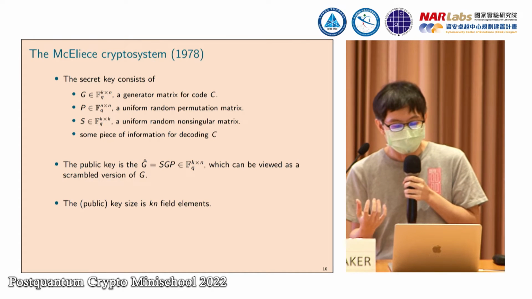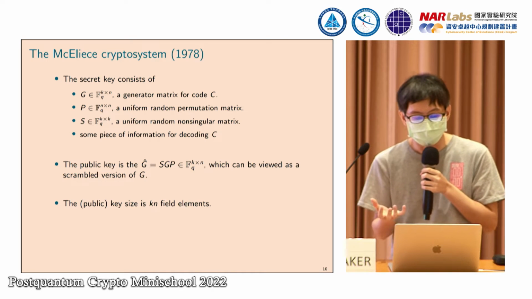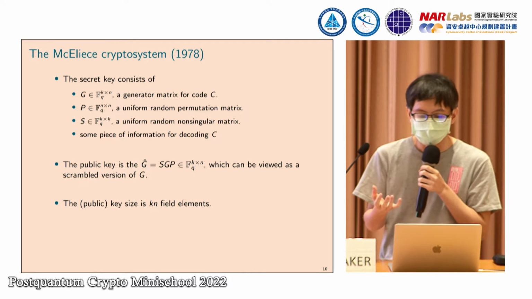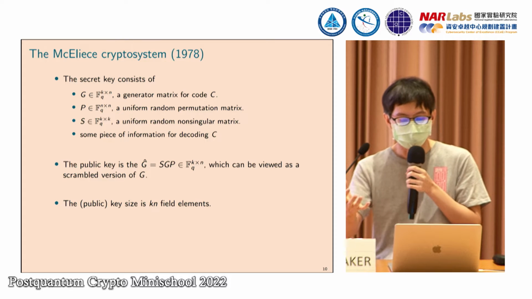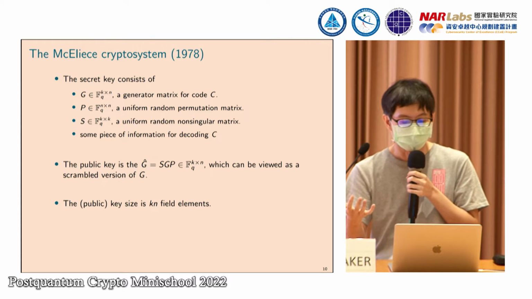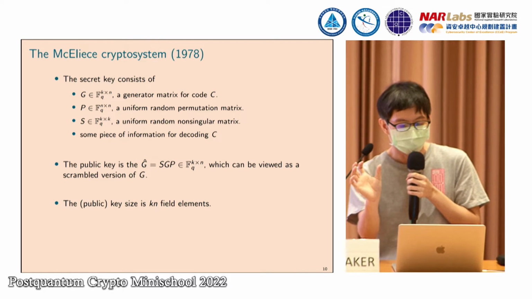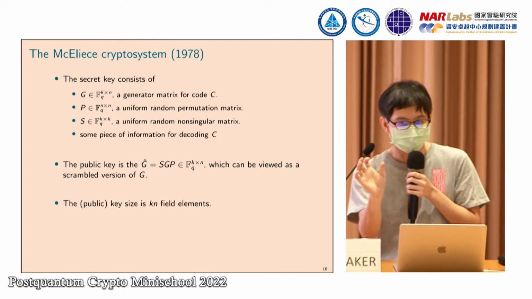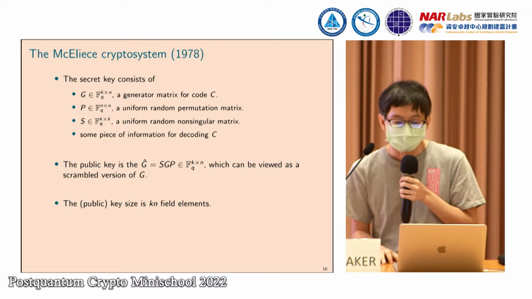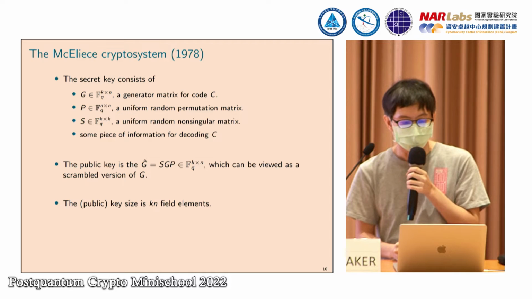But for me, this is a bit confusing, because when you talk about a decoding algorithm, I think often you're talking about how to decode a class of codes. But for decoding some specific code, you still need some specific information for that code. So this is why I add this fourth item here.